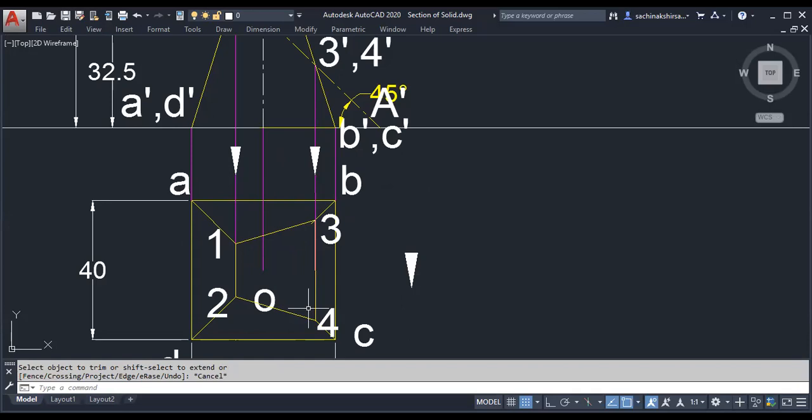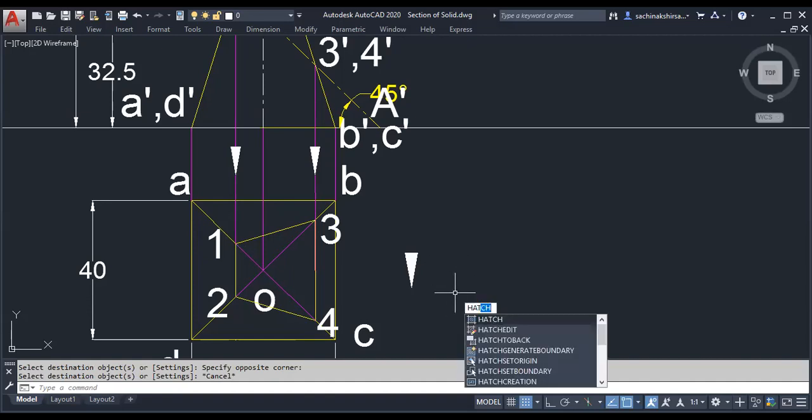Maybe something like this, or make it faint. Okay, like this. Now you can give hatching. How to give hatching?